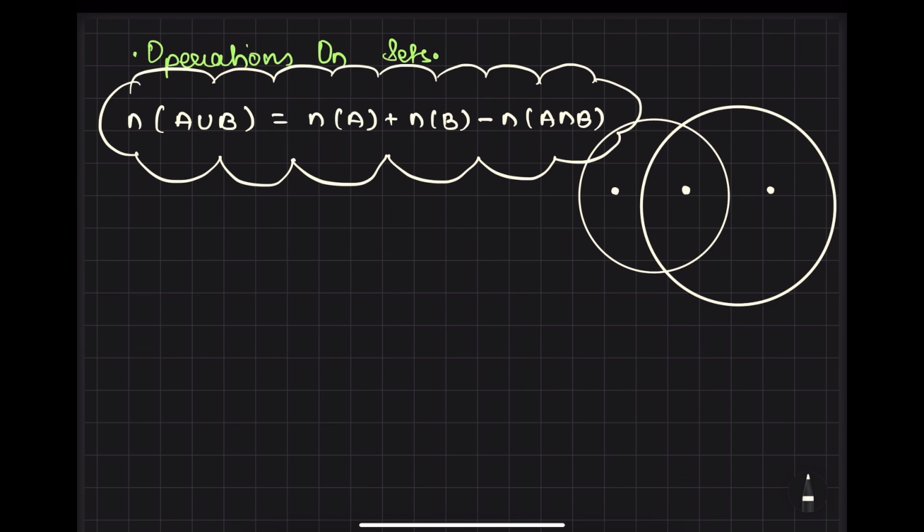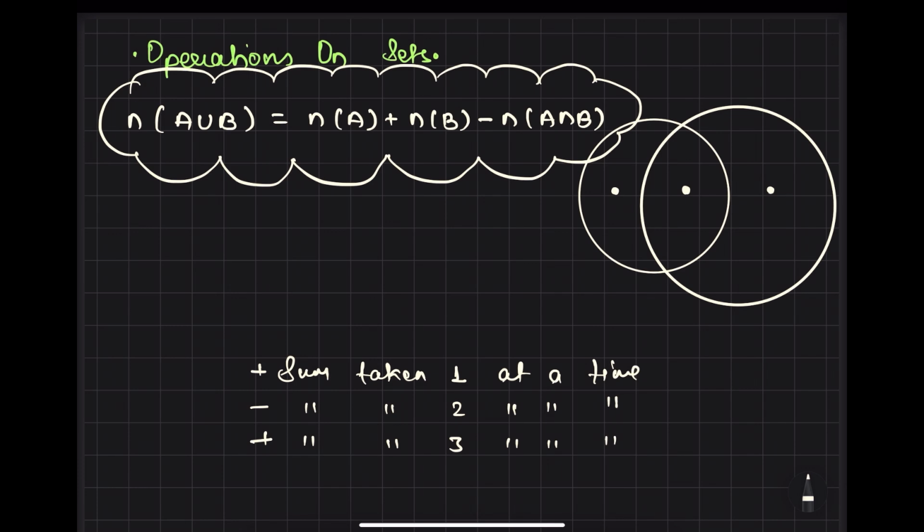Then minus. First you have to write plus: plus the sum taken one at a time, then minus the sum taken two at a time, then plus the sum taken three at a time, and so on, plus minus plus minus.